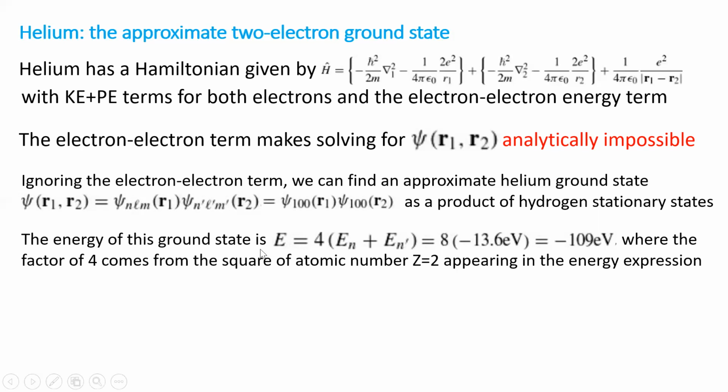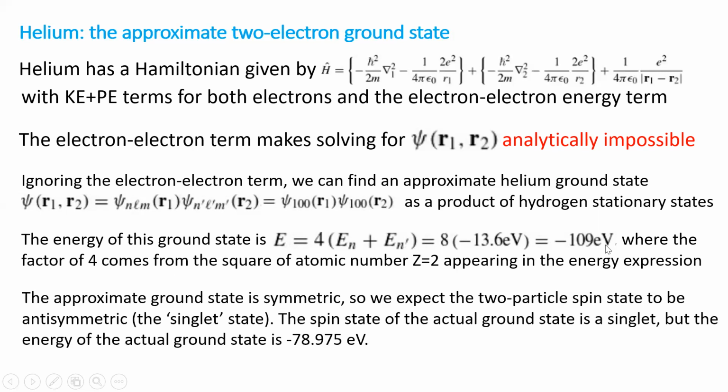Well, the factor of 4 comes from the fact that in the expression for En for the hydrogen atom, if we include the charge on the nucleus, the Z of the nucleus comes in with a square on it. Since helium has atomic number Z equals 2, when we put in Z squared, that gives a factor of 4. And so we have 4 times the energy that we would have for hydrogen. So this is the prediction for the approximate helium ground state: minus 109 electron volts.